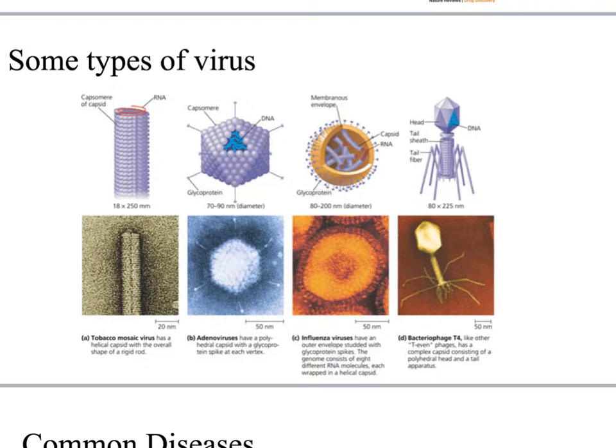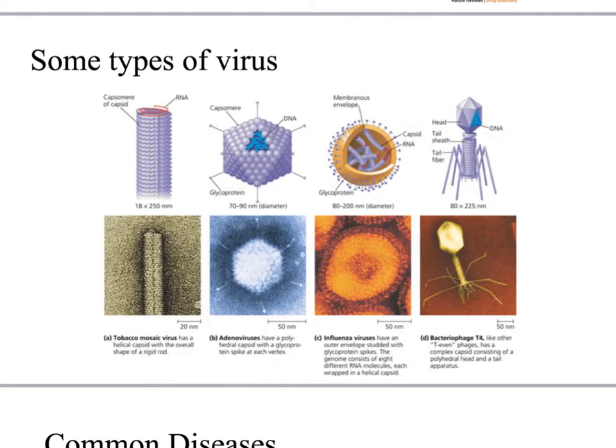Now these are some types of virus particles, okay. This is the tobacco mosaic virus, okay. This is the adenovirus, the influenza virus, and the bacteriophages, okay. So as you can see, we can have different structures for the virus. These ones look like cones, not like cylinders.